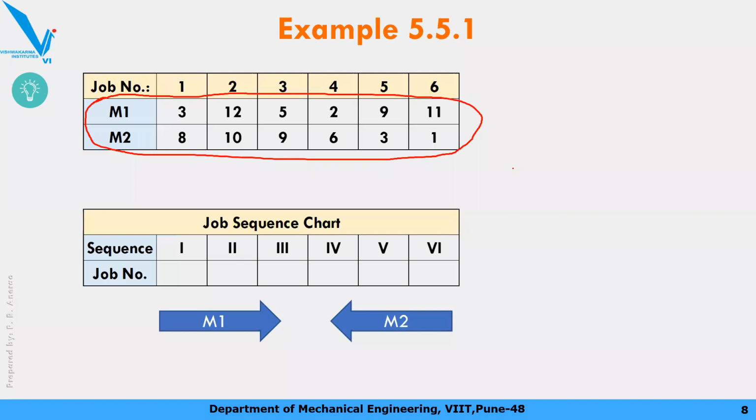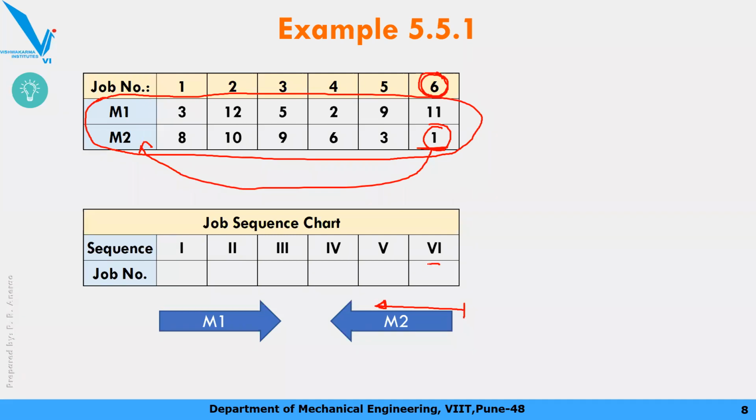Which is the minimum time? See this 1. Okay, so it belongs to job number 6. Job number 6 has the least machining time, but this least machining time is on machine 2. So machine 2 is going from right to left, so its sequence is like that.